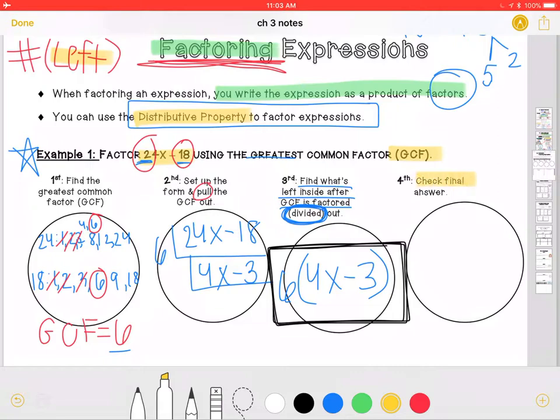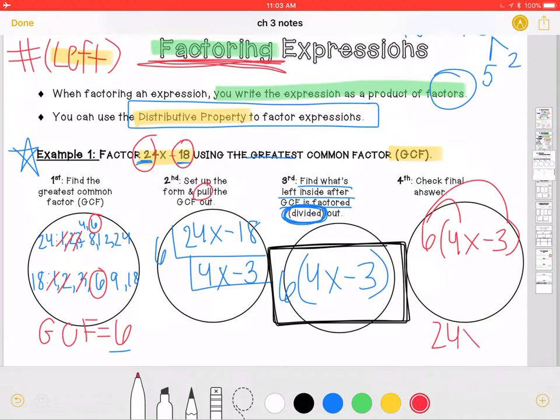If you want to check your final answer, you could distribute and see if you get what we started with. So to check, you write your answer. The goal when you distribute is to get what we started with, which was 24x minus 18. You might want to write this at the bottom.